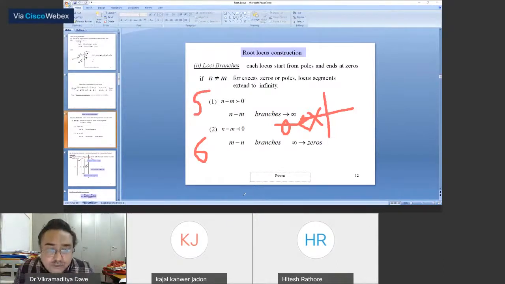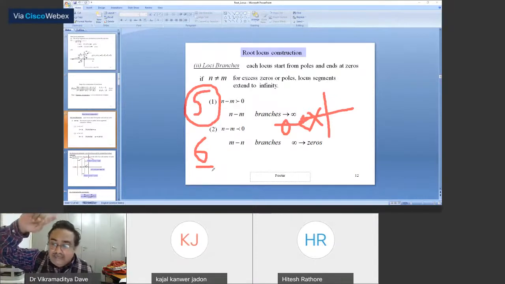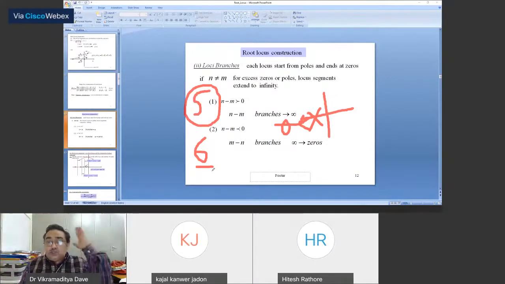Yes, in this situation, definitely 6 root loci will be there and each locus will start from a pole and will terminate in zeros. But there are only 5 zeros. Then what about the 6th root locus? So we will say that it will terminate in infinity. That 6th locus will extend to infinity.